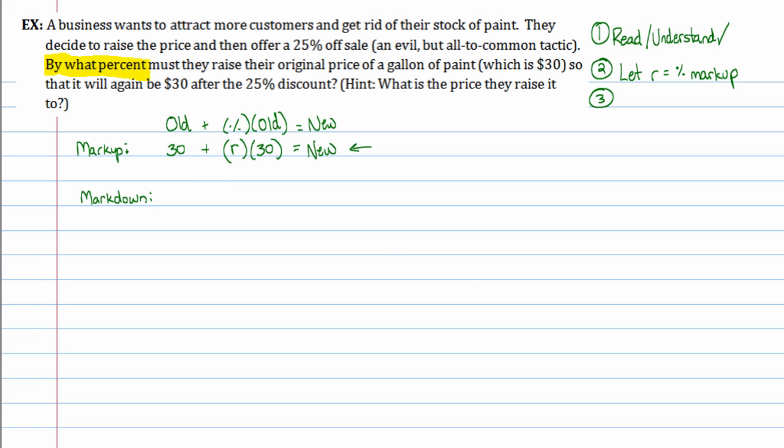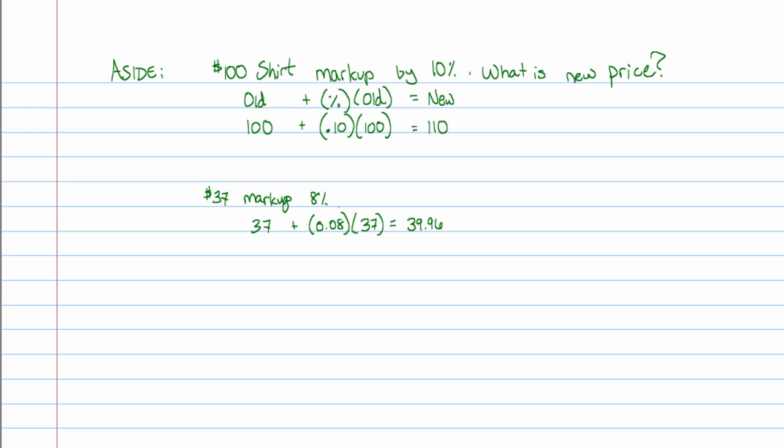Now we have to deal with the markdown. So let me go ahead and talk about the markdown. Again, on the same sheet of paper, because I think that it's important to see this. So let's say you have a $100 shirt again. Again, I'm using nice numbers, and you mark it down by 20%. Well, the new price, what is it?